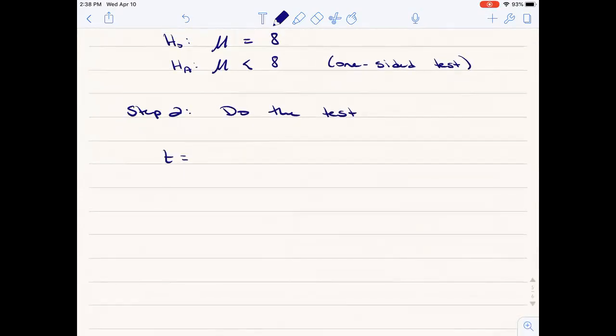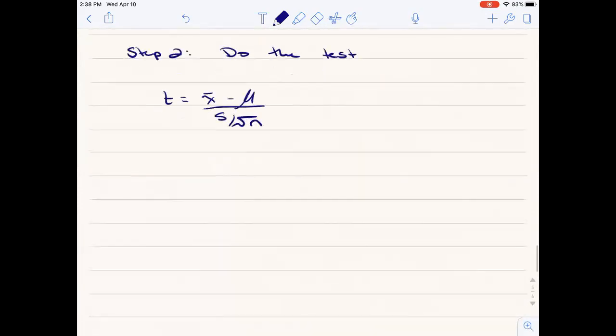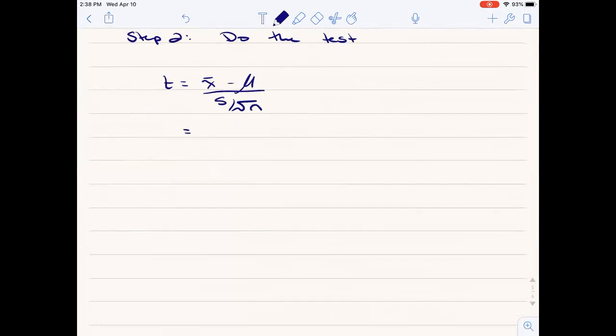For one sample mean, sigma unknown, we calculate t, right? T is x bar minus mu over s over root n, which in our case is going to be 7.25 minus our hypothesized mean of 8 over 2.5 divided by the square root of 27.